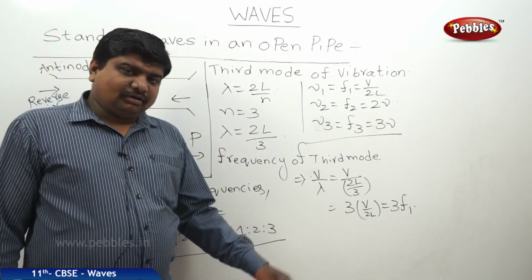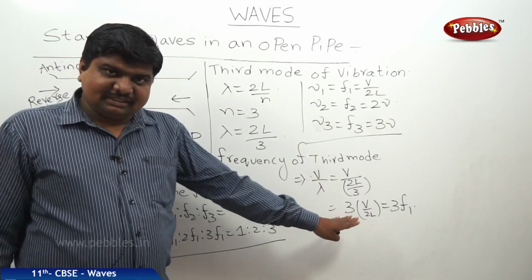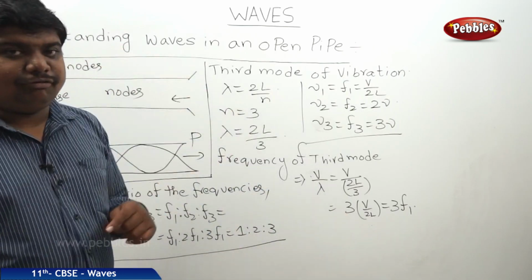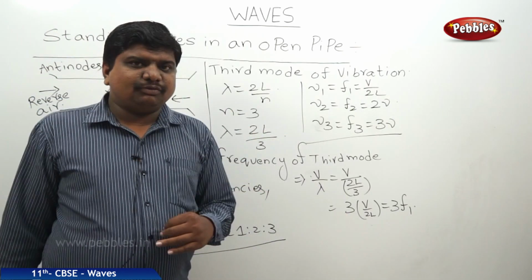Here we are getting all harmonics, the regular order of frequencies, but in case of a one end open pipe we get only odd harmonics.